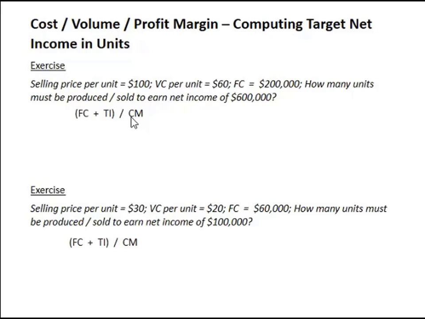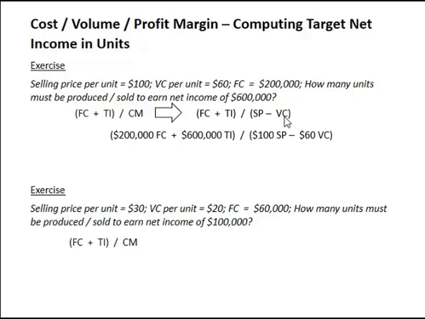So what I'm going to do is convert that formula now into all of its variables. That's my fixed cost plus my target net income, divided by my contribution margin, which is basically my selling price minus my variable costs. Now I can go ahead and populate my formula with the available data. I have $200,000 worth of fixed cost.